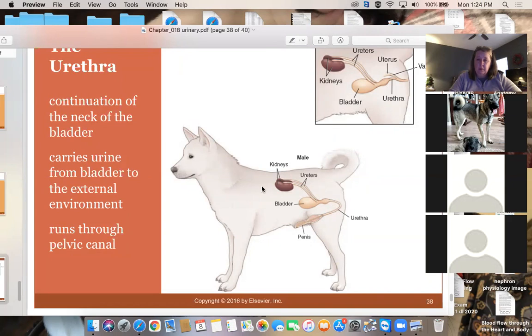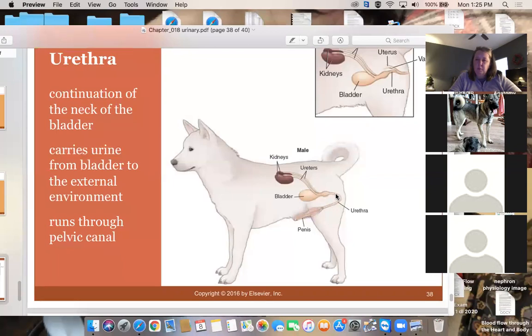This bottom picture obviously is a male. What you can't see in this picture is the pelvis would be right about here. When the urethra leaves the bladder, it goes over the top of the pelvis and comes underneath, and it wraps around and exits through the penis.